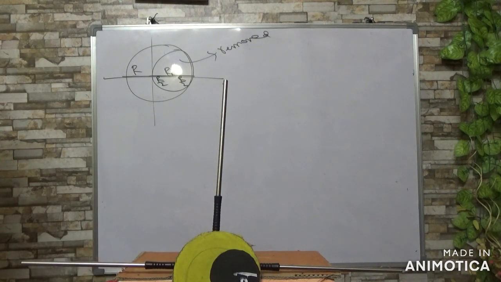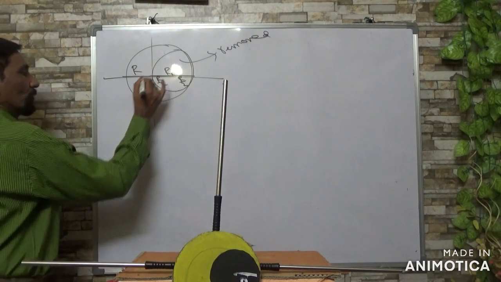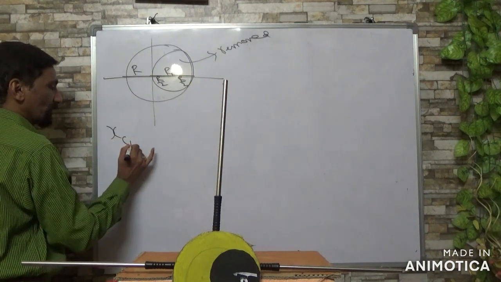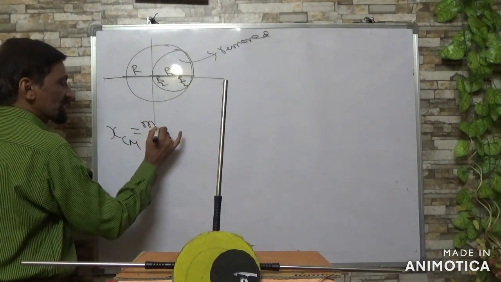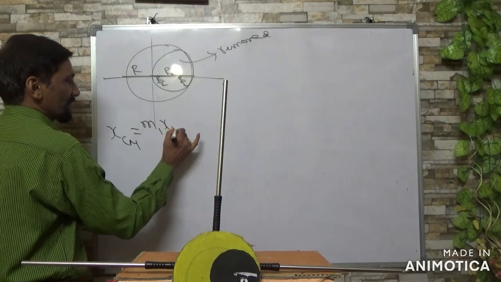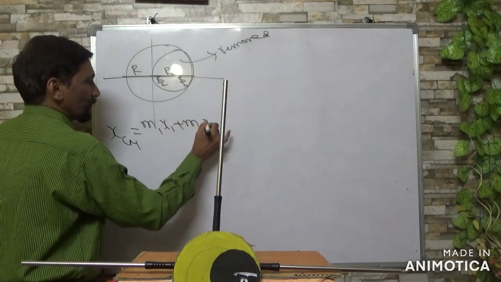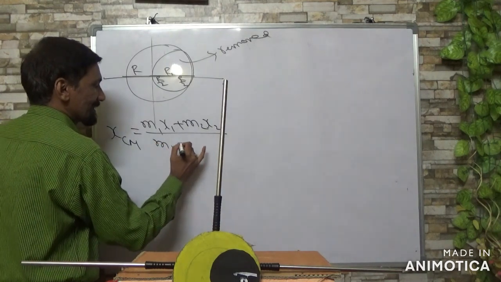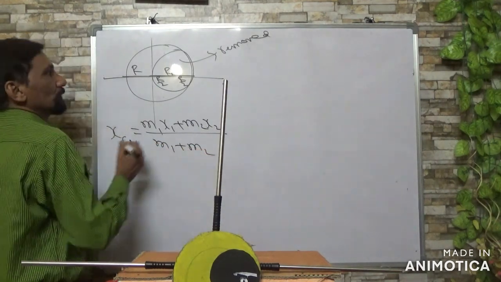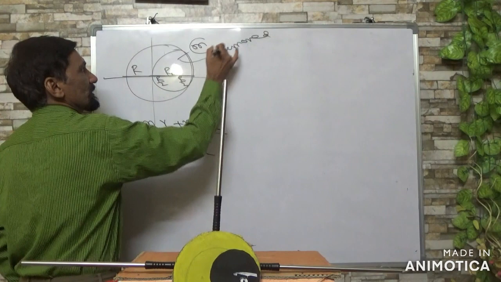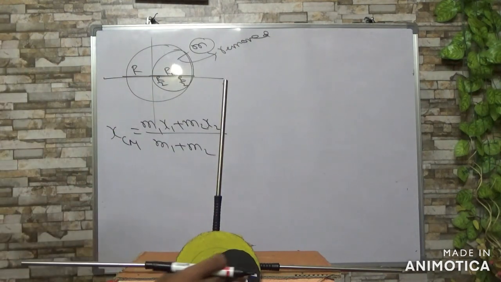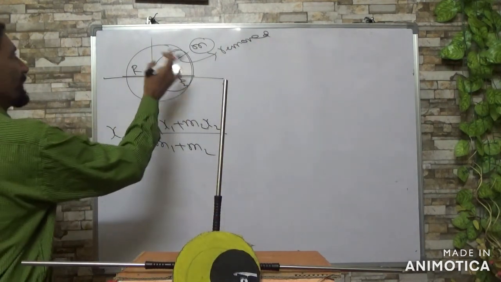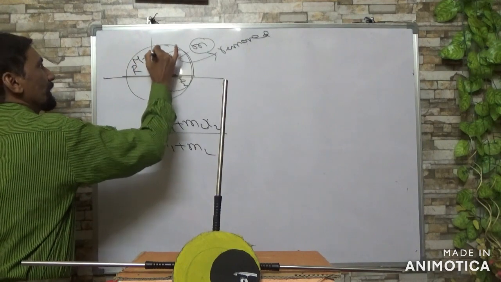Same procedure. In order to find the center of mass, we are using this formula: m1x1 plus m2x2 by m1 plus m2. If small m is the removed mass, then the remaining mass will become M minus m.